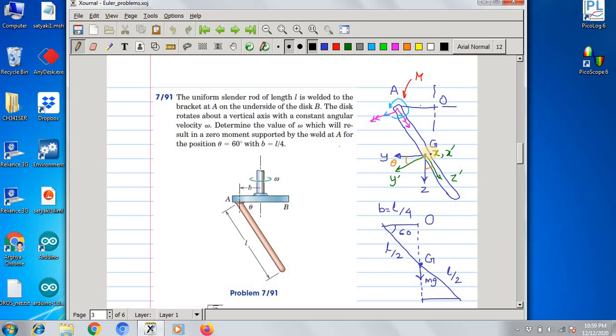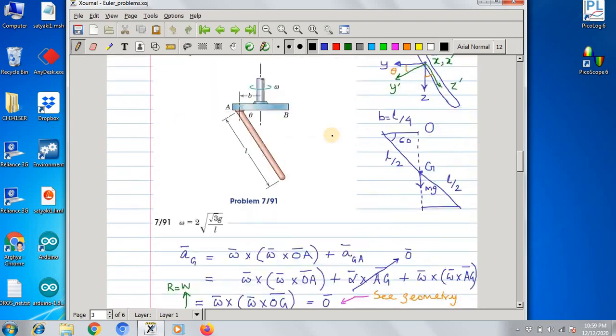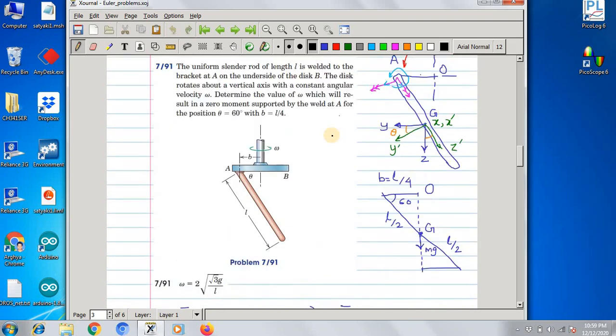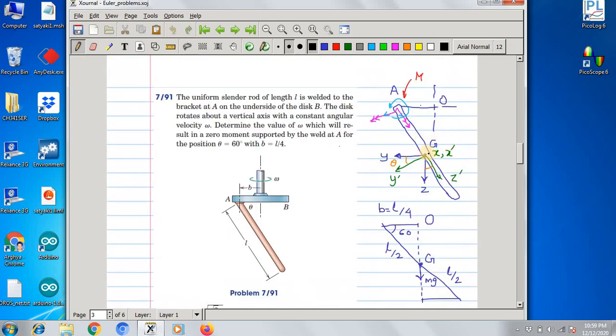And if we take moment about this, then these reaction forces, especially these reaction forces and the reaction forces coming out of the paper or going inside the paper, will have moment about the center of mass. So for that we have to also solve the force equation to get the reaction forces, and to get the force equations we need the acceleration of the center of mass.